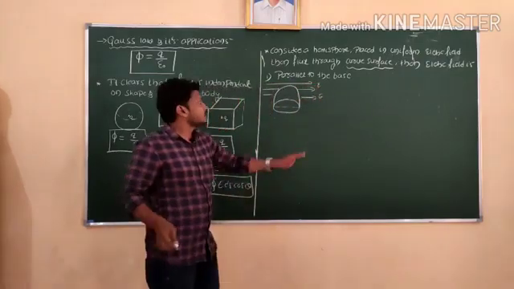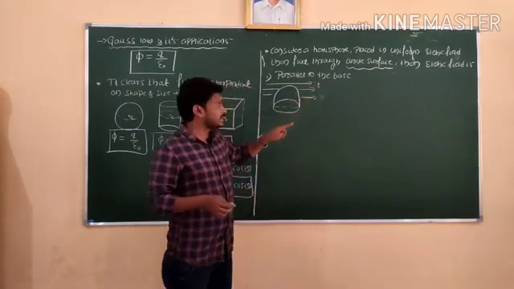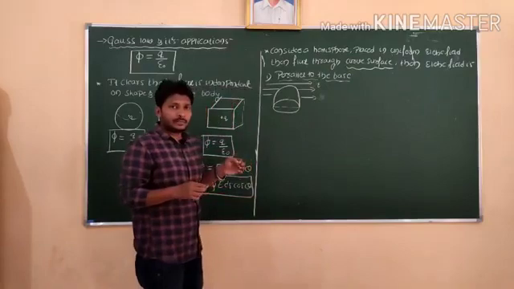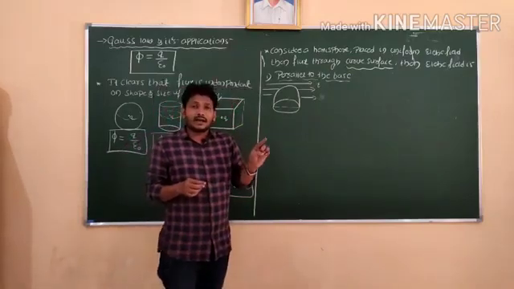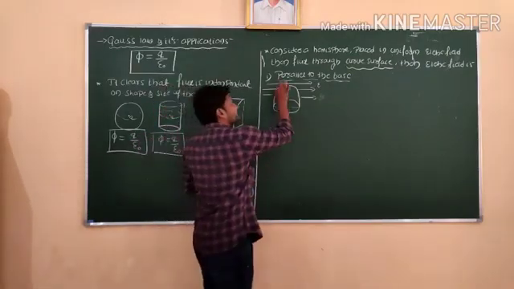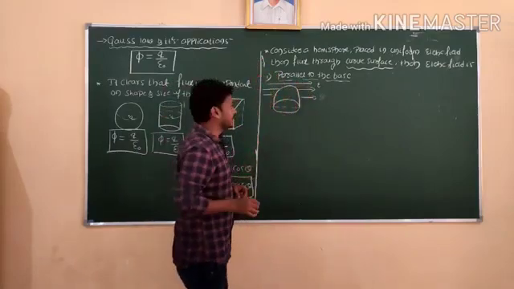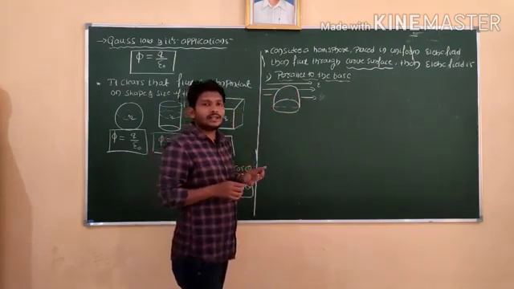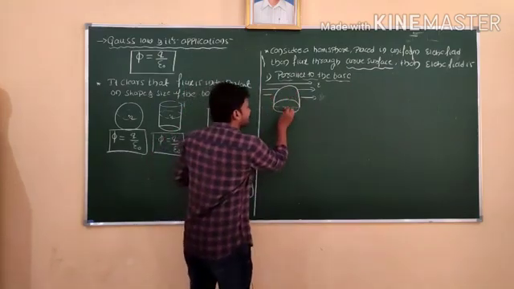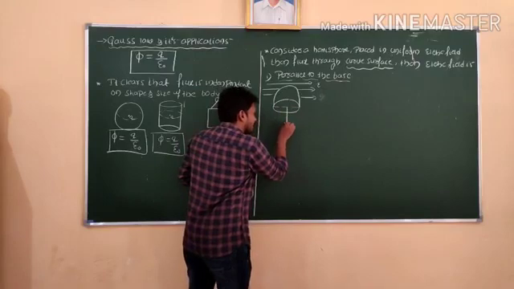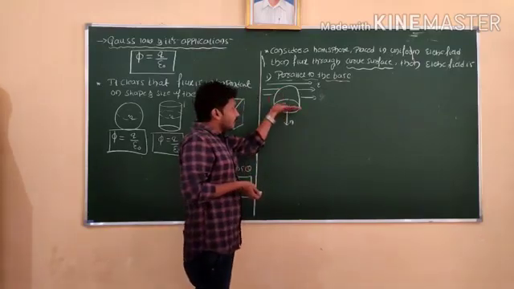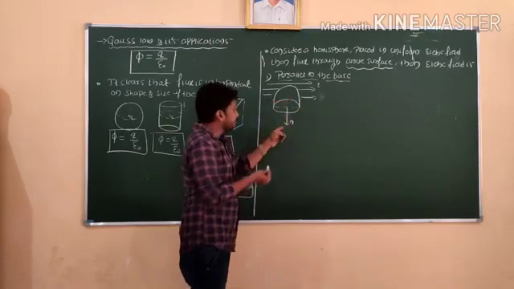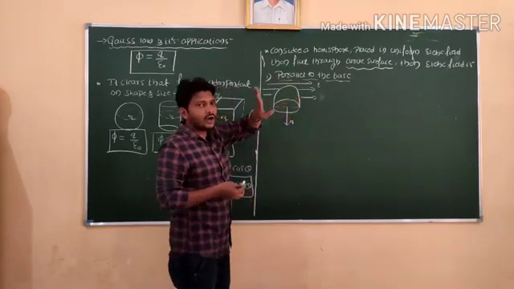For this hemisphere, shall I draw the normal line here? This is the normal line. For this base, this is one perpendicular line, and this perpendicular line is nothing but the normal line.